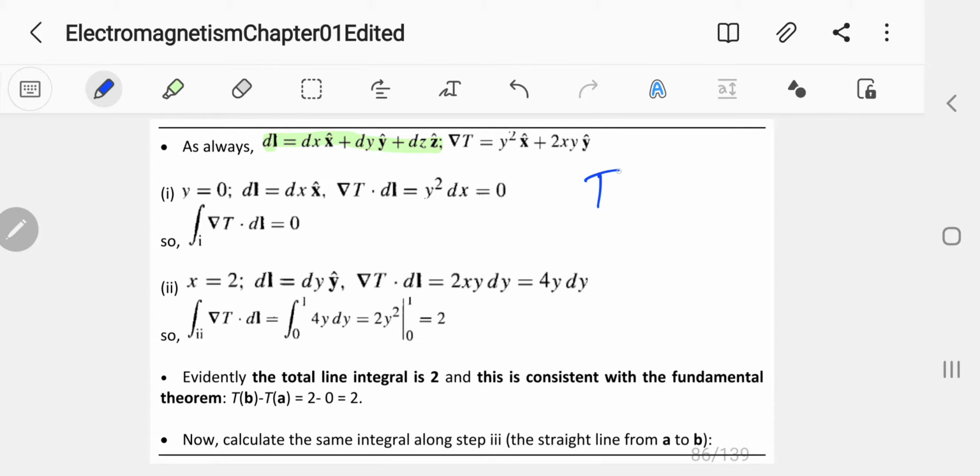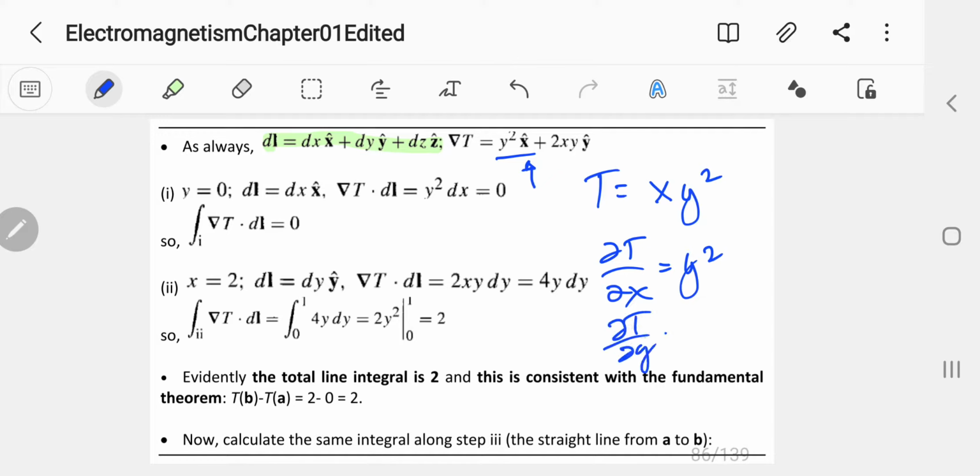You have t equal to x y squared, so the partial of t with respect to x would be y squared, and that's this one, with the unit vector x. Then the partial of t with respect to y is equal to 2xy, and you have the unit vector y here.